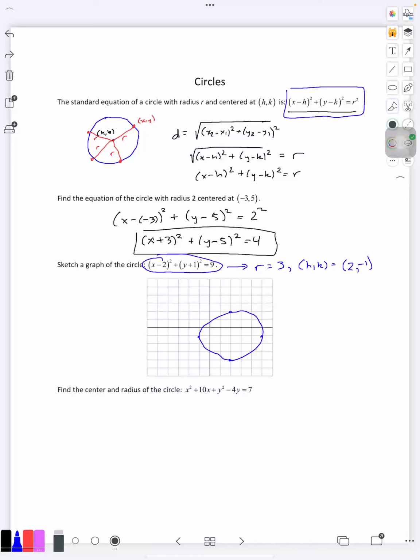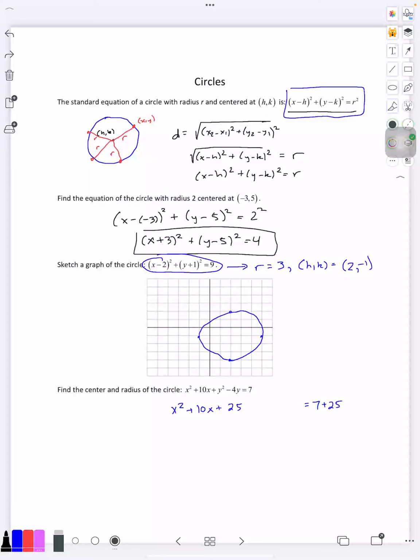So instead, we have to do what's called completing the square. So we ask ourselves, what should we add to this x part to make it a perfect square? We take the b term, which is 10, divide it by 2, we get 5, we square it, and we get 25. That means on the right-hand side, we're also going to add 25.